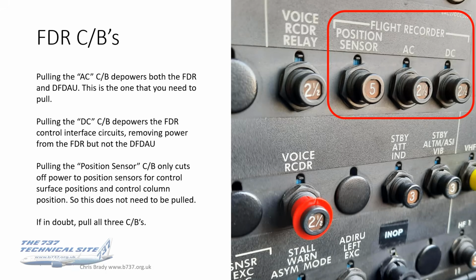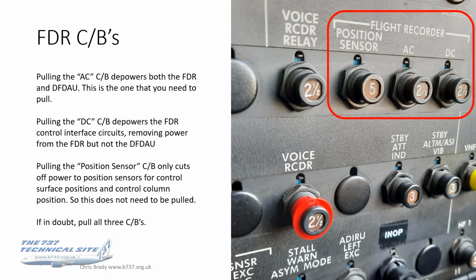The flight data recorder, as I've already mentioned, there are 3, as you can see on the NG. They've extended the flight data recorder labelling bracket to include all 3 now. The AC circuit breaker is the one that you need to pull. That one depowers both the flight data recorder and the digital flight data acquisition unit. So if you only want to pull one, that's the one to pull, the one in the middle, the AC one.